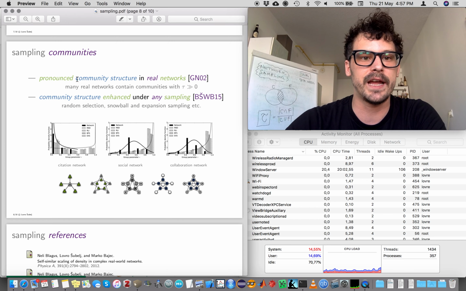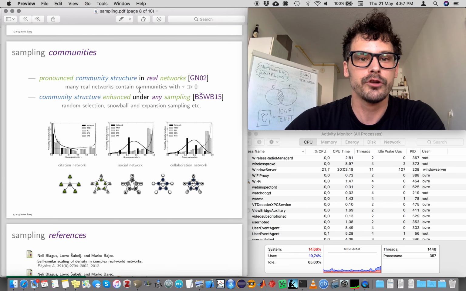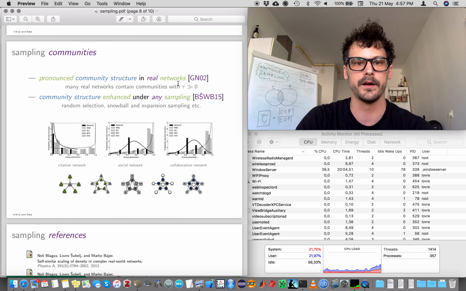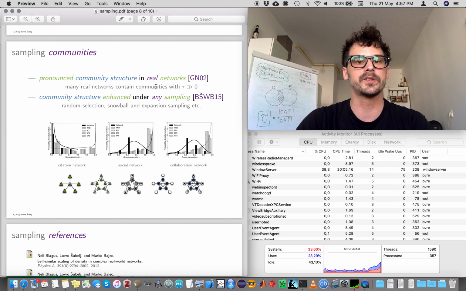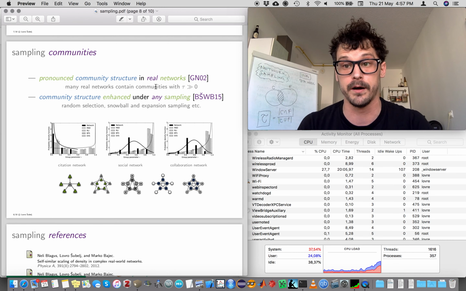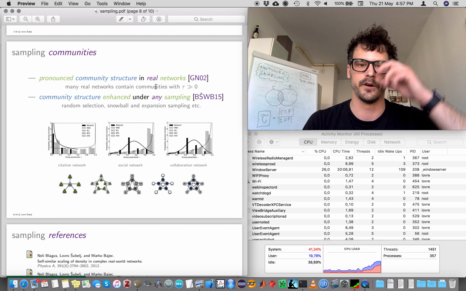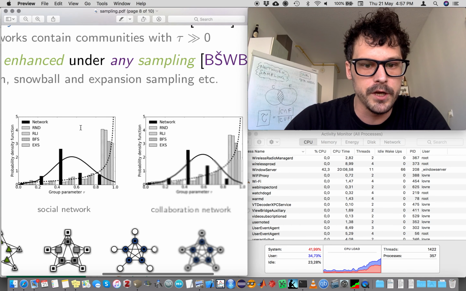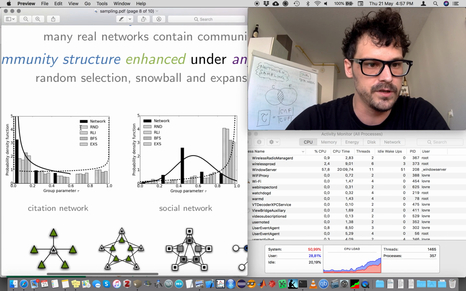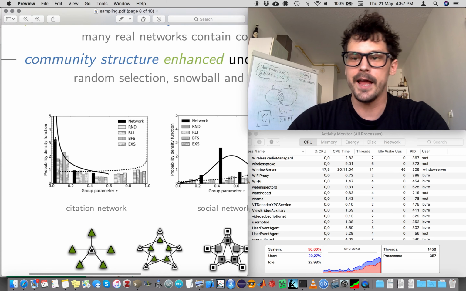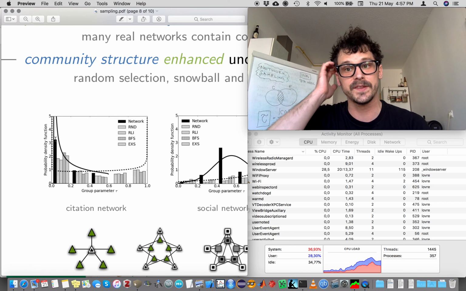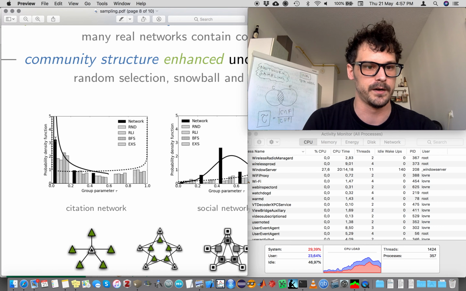So we know that most networks have a pronounced community structure. So this algorithm will reveal communities or clusters with tau that will be close to 1, or much higher than 0. And here at the bottom, these plots are showing you results for 3 networks. For each network, I am detecting these clusters, computing their taus, and plotting the histogram of taus on this plot.